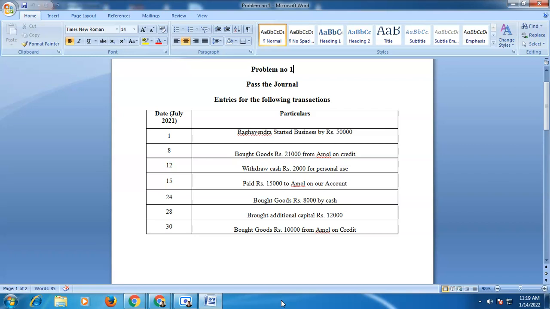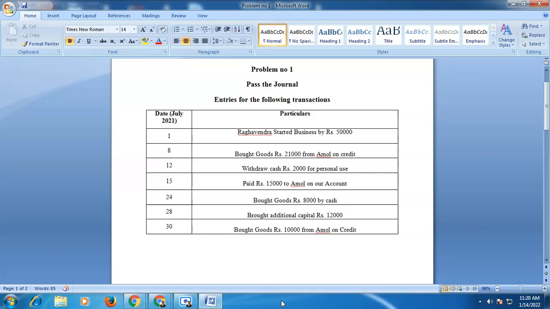So here two columns are given: date, July 2021, and particulars. The business transaction dated 1st July 2021 is written as: Raghavendra started business with rupees 50,000. It means Raghavendra is the owner of the business.